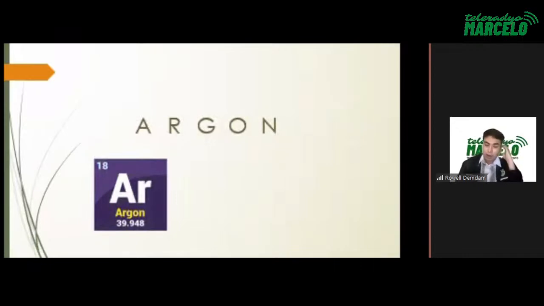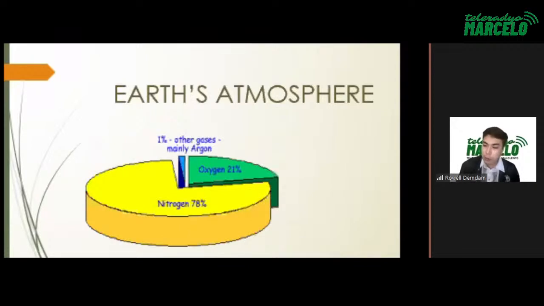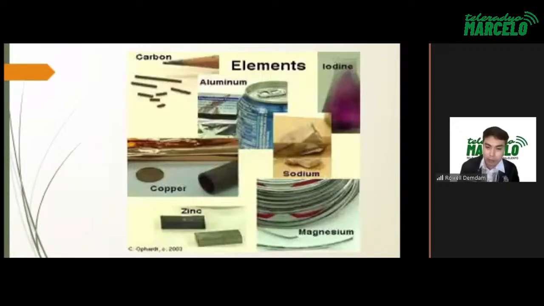What element can you form from the letters? Okay, good job. Argon is the answer. So the Earth's atmosphere is actually composed of about 78% nitrogen, 21% oxygen, 0.9% argon, and 0.1% other gases. All matter is made up of elements.